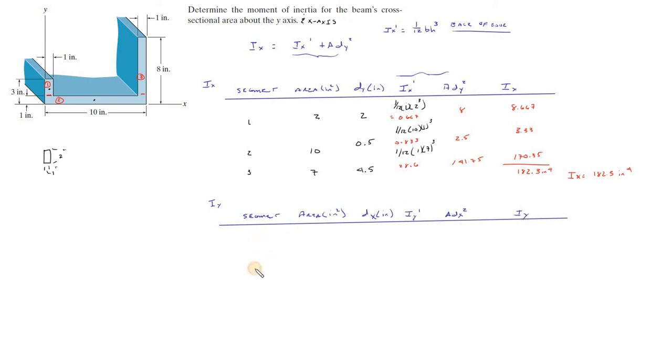Again, 1, 2, 3, my areas stay the same, 2, 10, and 7. Now the dx would pretty much be the same as your centroid to the x. Moving along from the y-axis, I get 0.5.